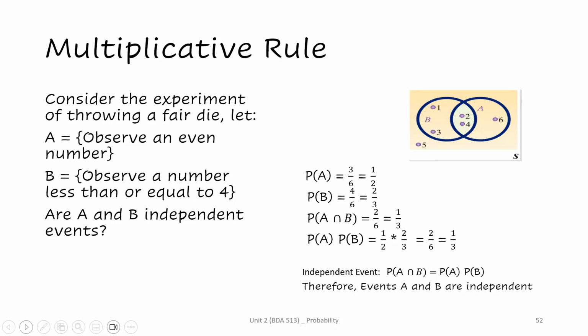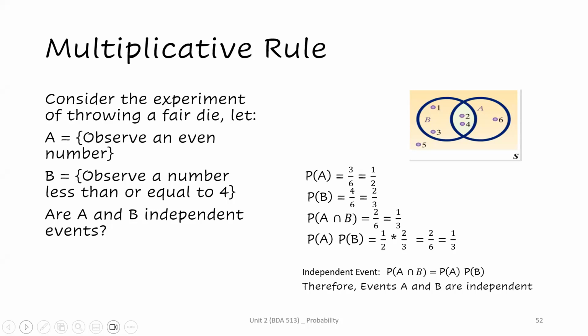If we want to find the probability of A, we have 3 items, isn't it? It is 2, 4, 6. That makes it 3 over 6, which gives us 50%.